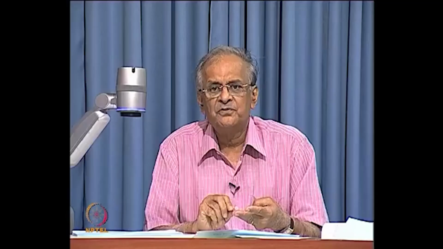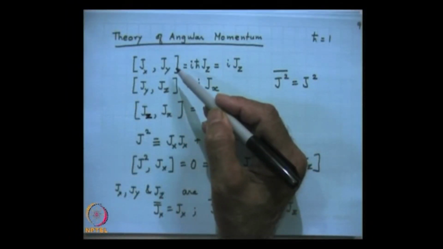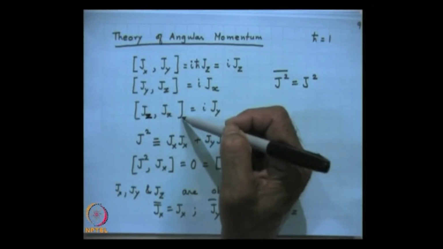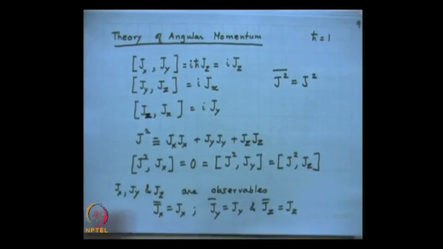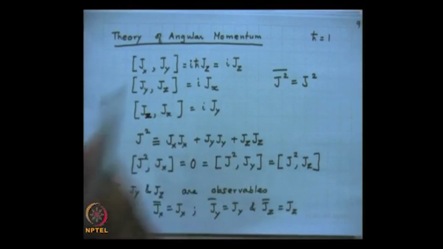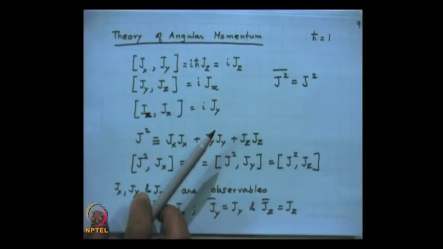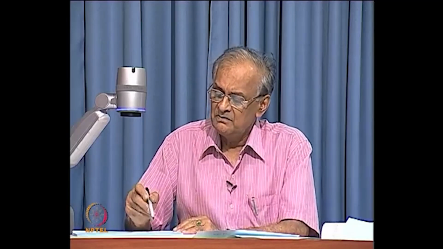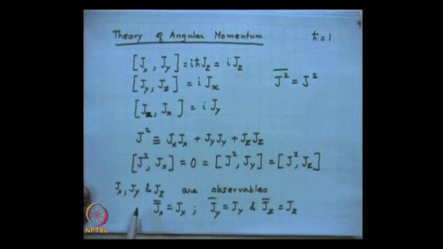Three things. We therefore assume first that J x and J y do not commute, and these are the commutation relations. We have got it in a certain way, but now this is our assumption. This is what we did even in the harmonic oscillator problem. We wrote down the Hamiltonian and then we assumed only the commutation relation between x and p. Similarly, here we assume the commutation relations between J x, J y, J z, and that J square commutes with these.